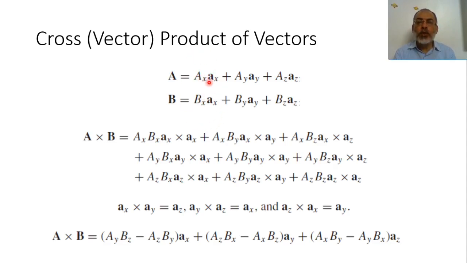Now AX cross BY: AX cross AY would be AZ. So AX multiplied by BY in the direction Z. Similarly, AX cross BZ would be AX multiplied by BZ multiplied by AX cross AZ, which is minus AY.